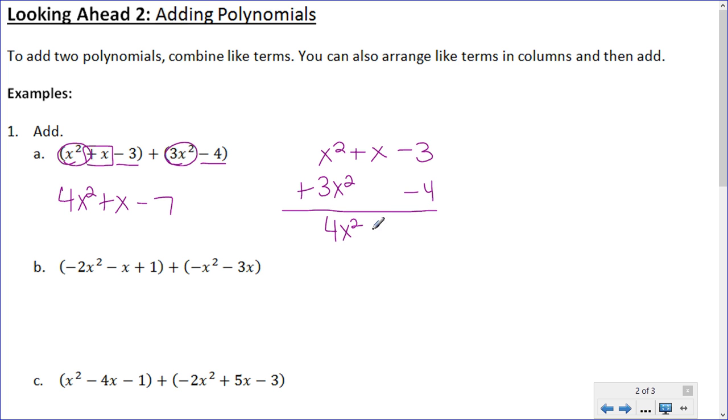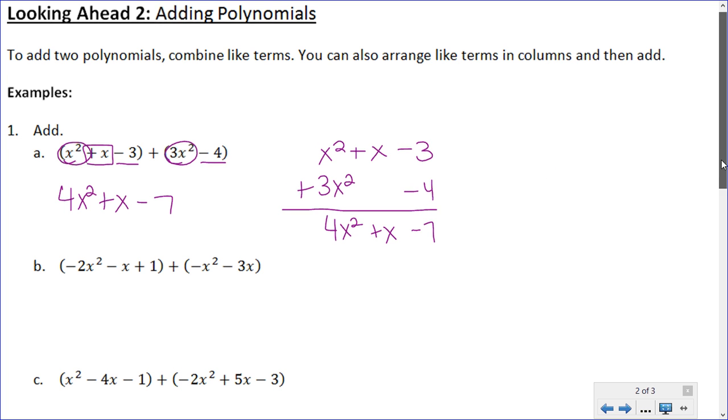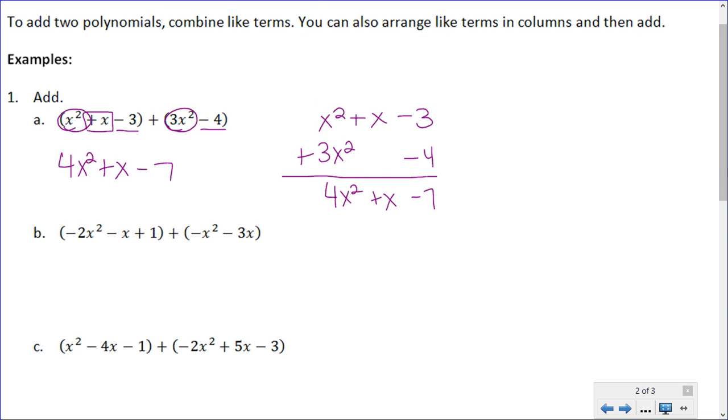There's nothing to add to this, so we just bring it down. And then negative 3 and negative 4 is negative 7. Notice you get the same answer, it's just a different way to approach it. And again, when we get to subtraction, this method might actually be easier. So I would say be sure that you can use either one, because you may want to switch to this when we go to subtraction.